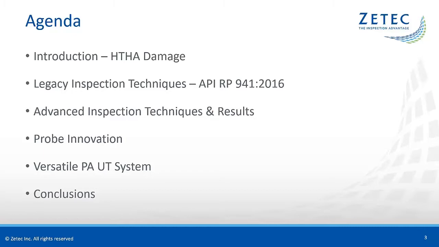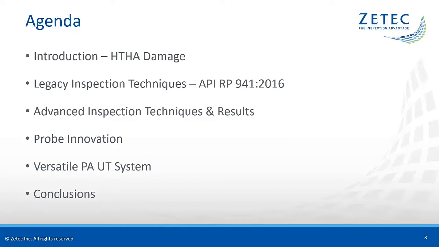Then I will introduce the key elements of the recommended global inspection solution for HTHA. We will take a deeper dive into the principles of the proposed advanced ultrasonic techniques and look at the results they provide on samples with confirmed HTHA damage.